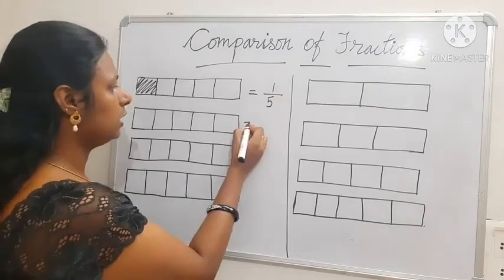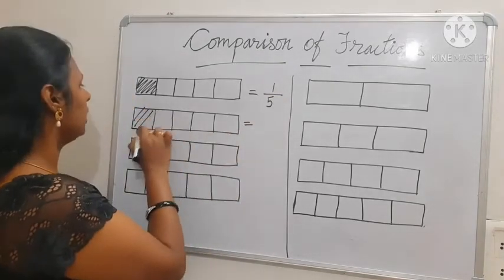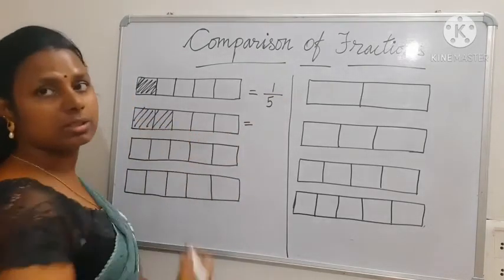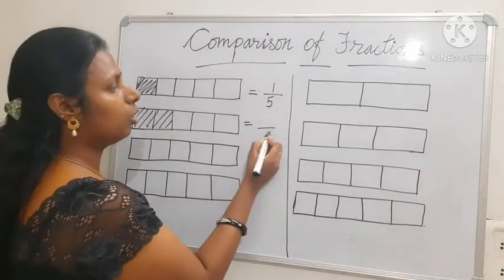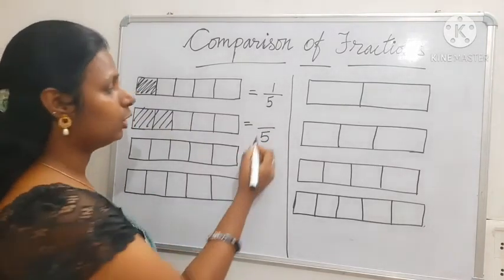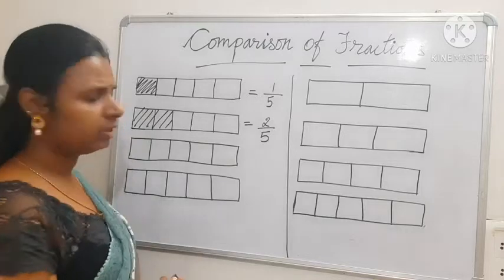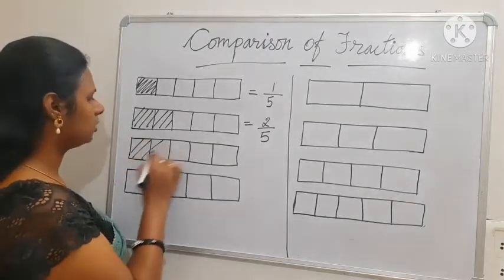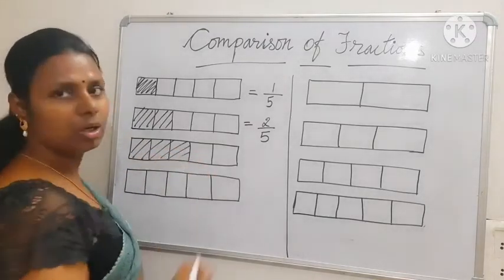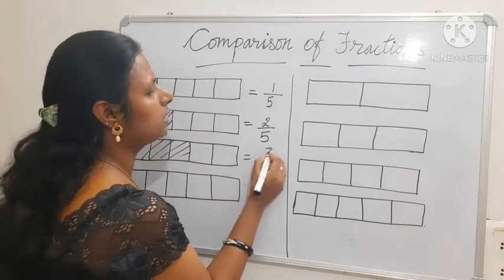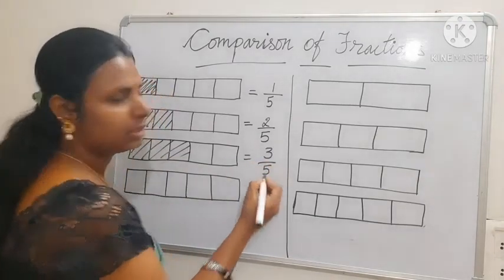Now I am going to shade 2 boxes. So the denominator is 5 and the numerator is 2. Now I am going to shade 3 boxes. The numerator is 3 and the denominator is 5.